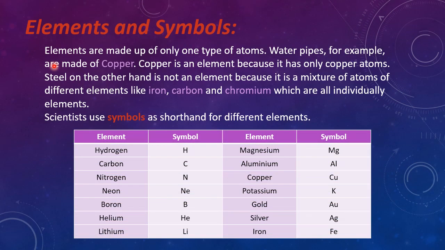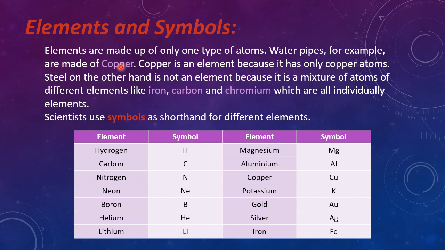Now we have studied that there are 117 elements present in this universe. Elements are made up of only one type of atom. These atoms are given a short name called a symbol. Water pipes, for example, are made of copper. Copper is an element because it has only copper atoms.